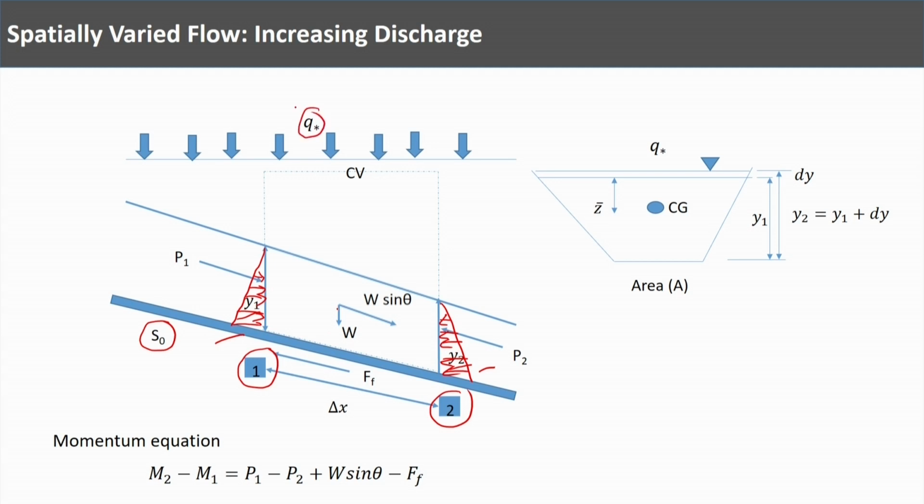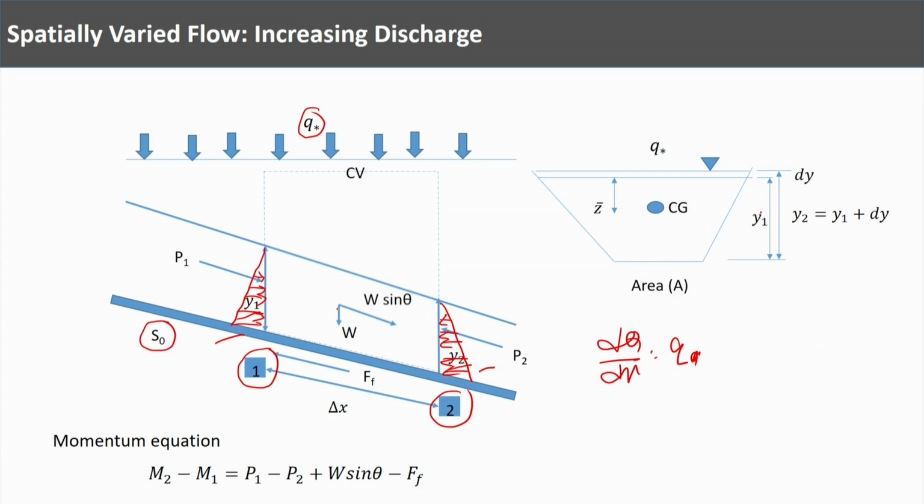Q star is nothing but dq by dx, the volume of water entering into the control volume. Now this is the cross section here, and we consider a trapezoidal section.